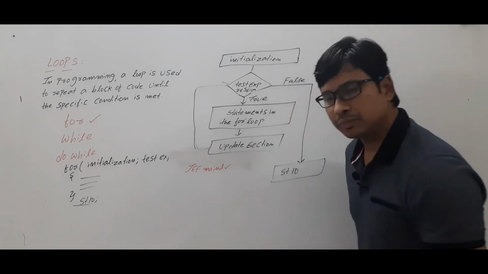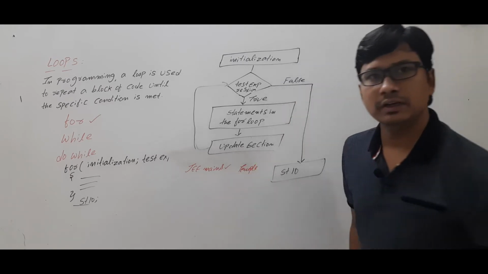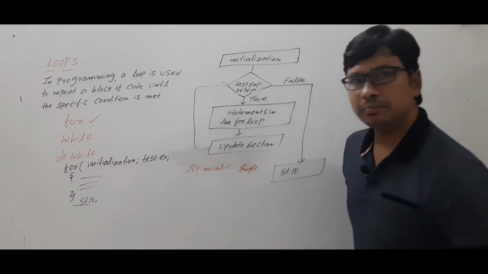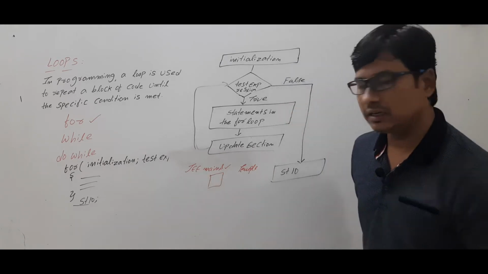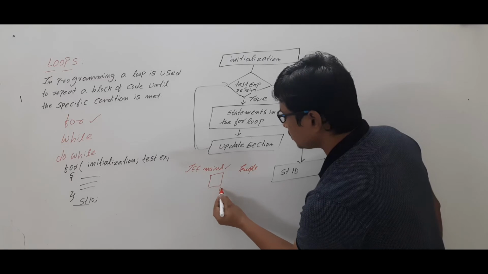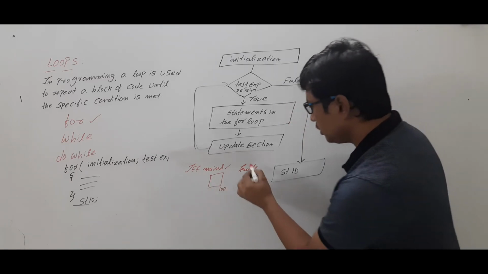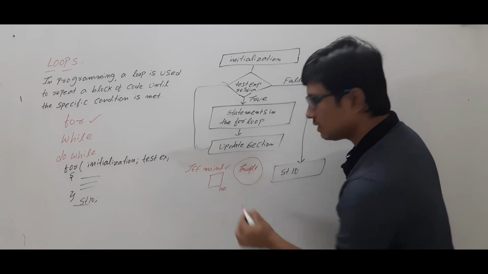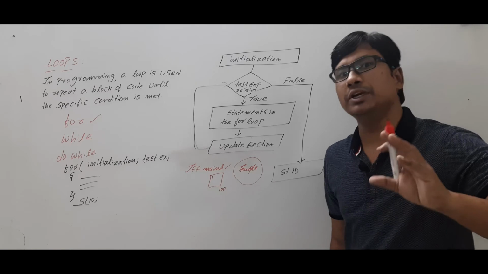Then what will you do? You will go to the temple. At the temple, you will take a piece of paper and a pen. Your objective is that you need to do 100 rounds. You will go for one round, then you will keep one tick here, meaning you have completed one round.